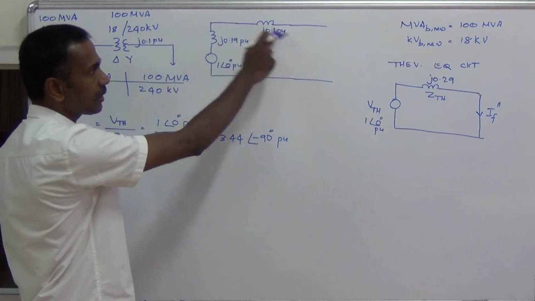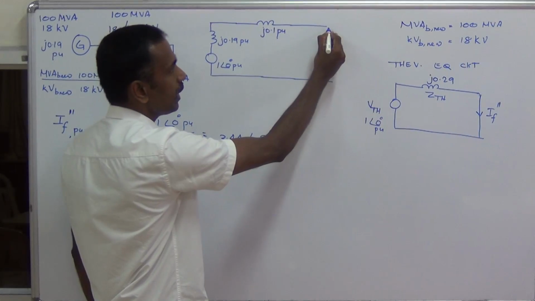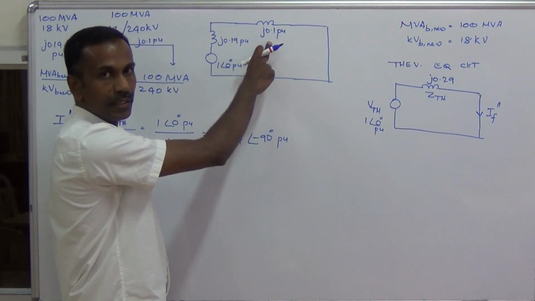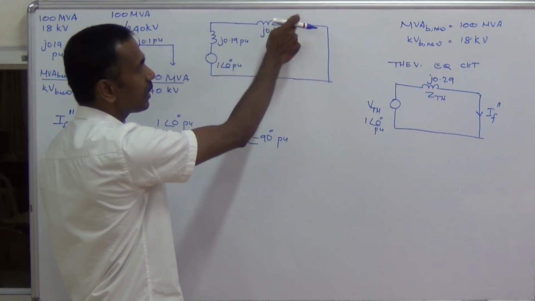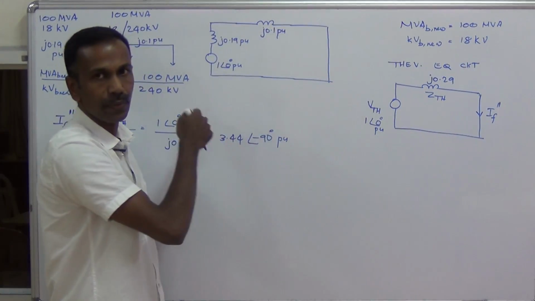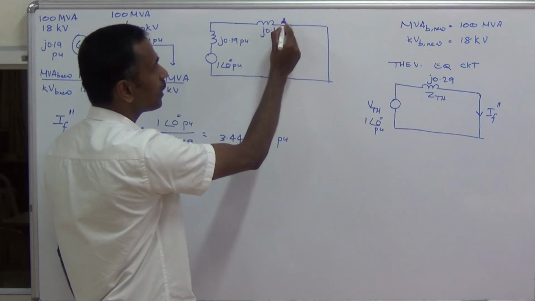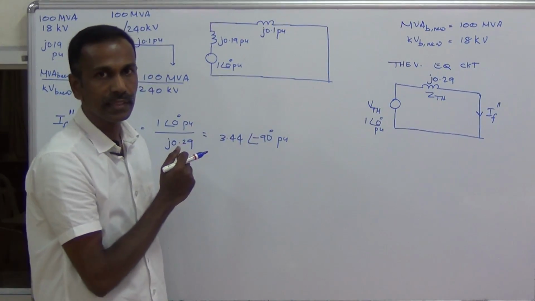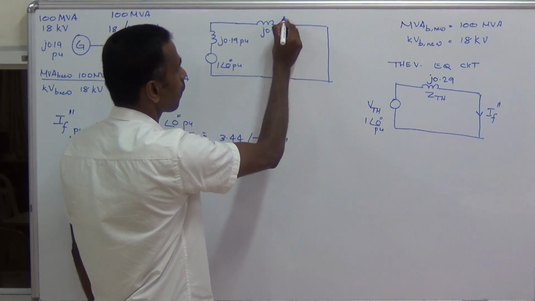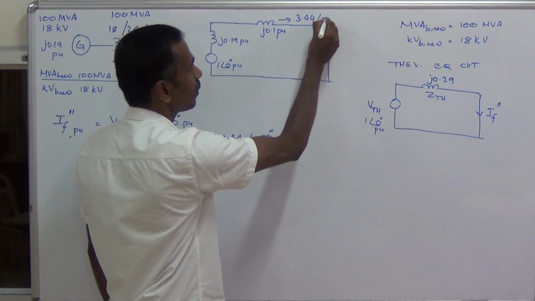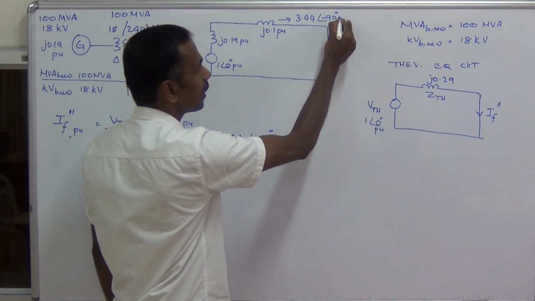When you consider this circuit, this is the fault point, and this is our transformer reactance. On both sides of the transformer, the per unit current is the same because this is a series circuit. So the per unit fault current on the high tension side of the transformer is 3.44 angle minus 90 degree.